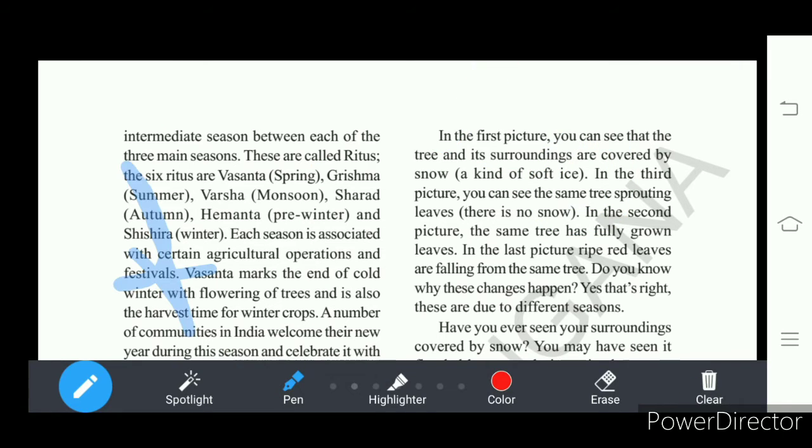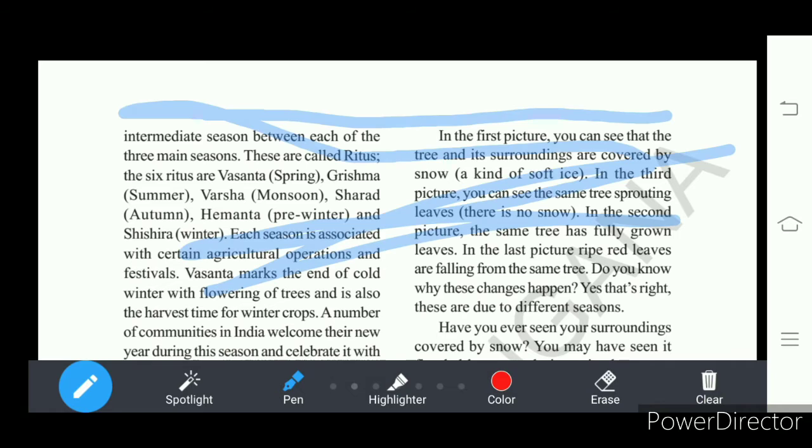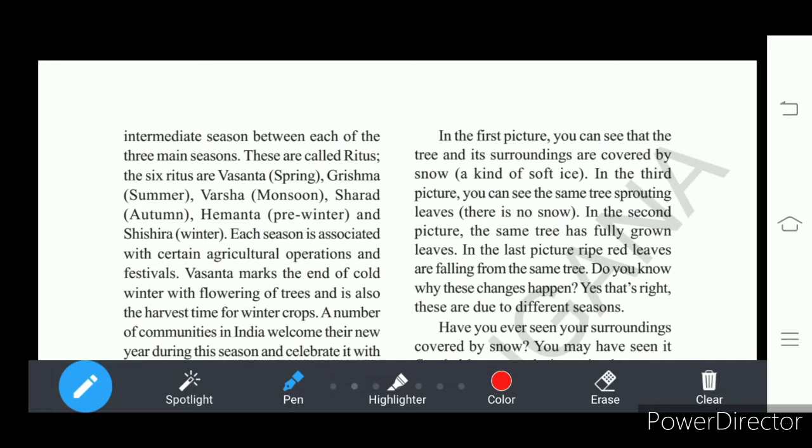Vasanta, Grishma, Varsha, Sharat, Hemanta and Shishira. In Telugu, it is Vasanta Ruthuvu, Grishma Ruthuvu, Varsha Ruthuvu, Sharat Ruthuvu, Hemanta Ruthuvu, Shishira Ruthuvu. These are the six ritus as per ancient Indian literature. Okay, and each season is connected to the agricultural festivals.